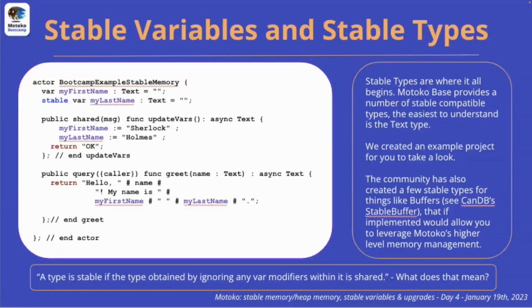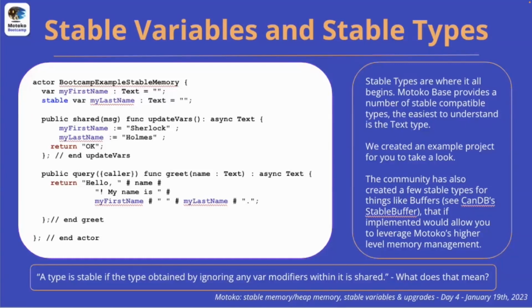Now, what we're then going to do is execute update vars. Update vars is going to set those two variables inside my active canister to Sherlock Holmes. And I'll then run the greet again, and it'll say, hello Fred, my name is Sherlock Holmes.